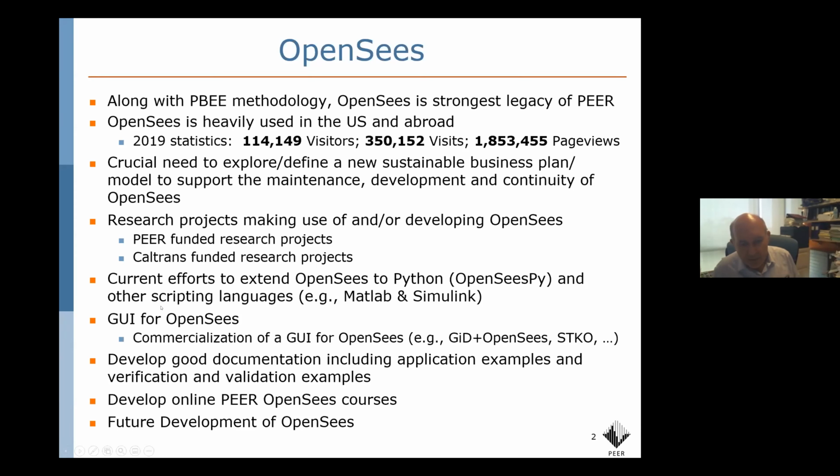Then there is the issue of a GUI for OpenSees that has been discussed for many, many years, almost since the beginning of OpenSees, and the commercialization of a GUI for OpenSees. There are some research groups who combine GiD with OpenSees. There is a very promising one now that you may have heard of, STKO.